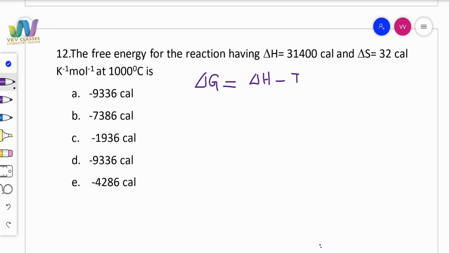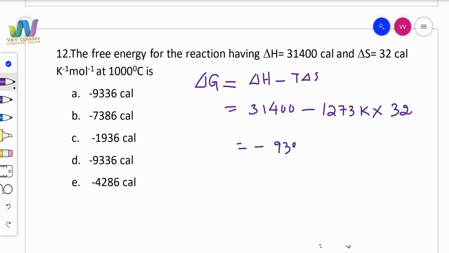Delta G is equal to delta H minus T delta S. So this will be equal to 31,400 minus temperature, 1273 Kelvin, into delta S, 32 calories. So this simplifies to minus 9336 calories. So choice A is the correct answer.